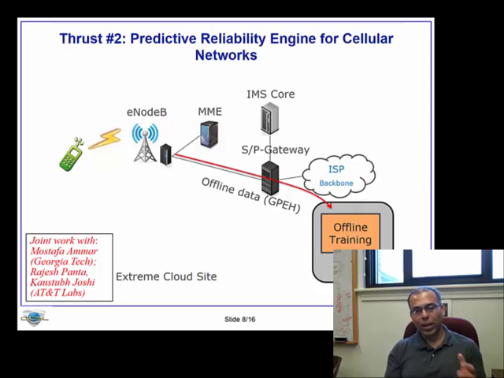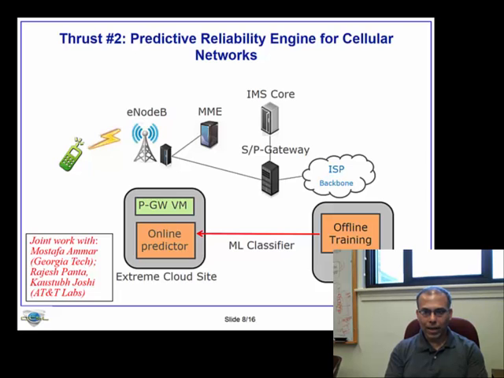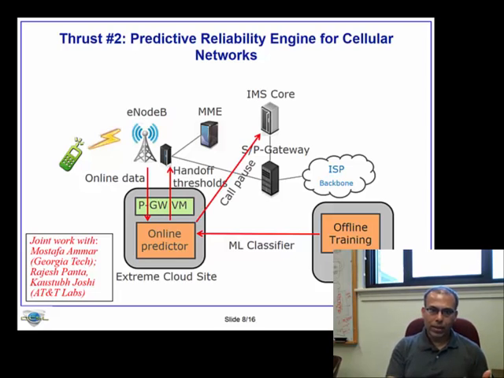So with this wealth of information that's collected in today's cellular networks and the E node Bs, we can create these offline models. And then at runtime, these offline models can be queried to answer the question, is there going to be a failure or a degradation in the data throughput in the near future? And if there is, then certain mitigation actions can be taken even in the current cellular network context.